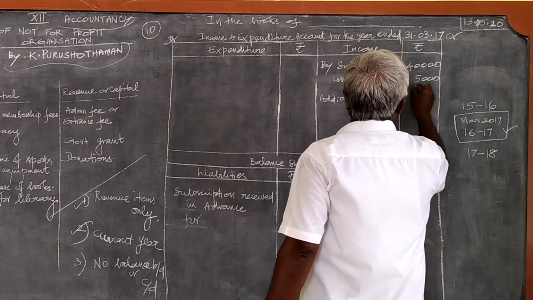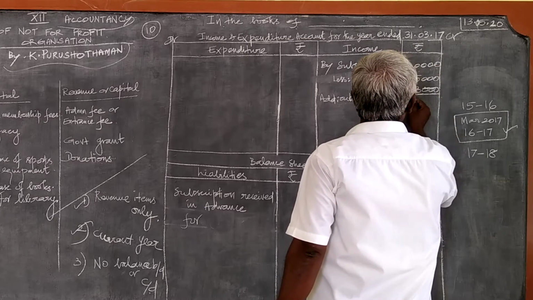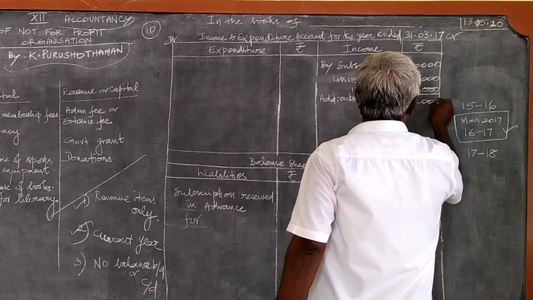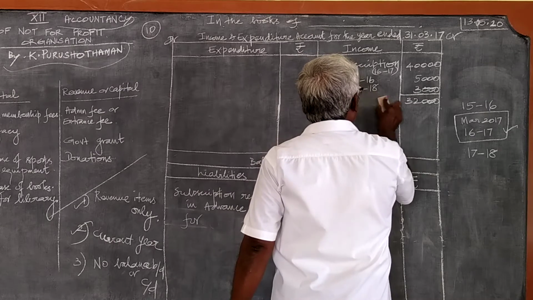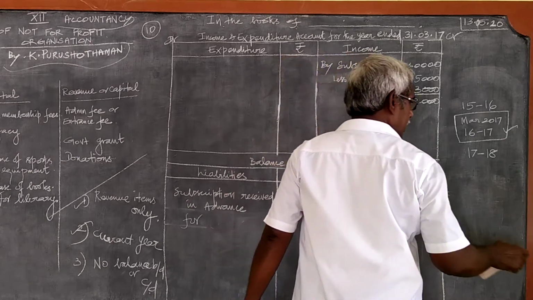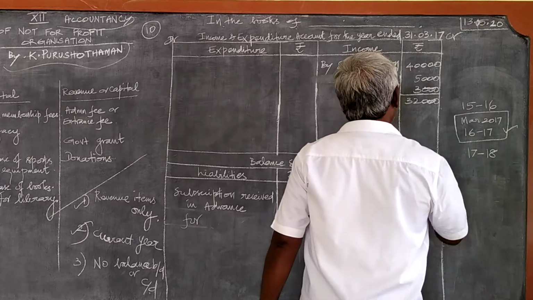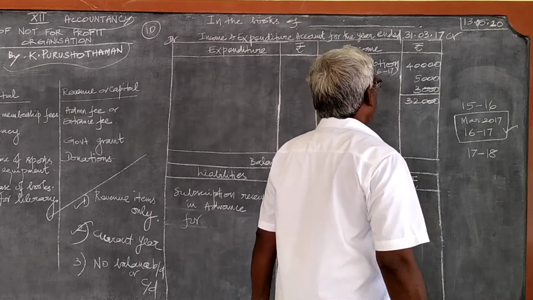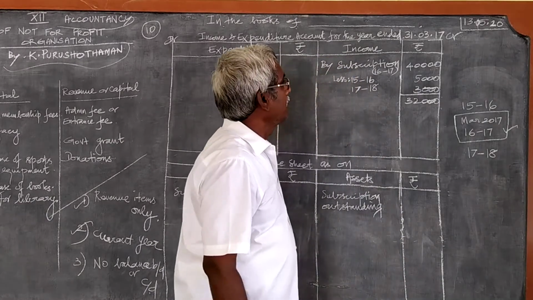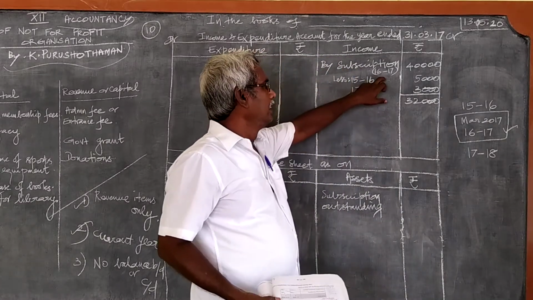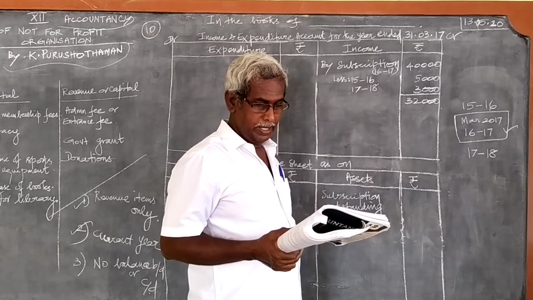So you can subtract these two and write 40 minus 8, 32,000. From the amount 40,000, the previous year amount 5,000 is subtracted and the coming year amount 3,000 is also subtracted. Therefore, from this 40,000, only 32,000 is meant for the accounting year 16-17.